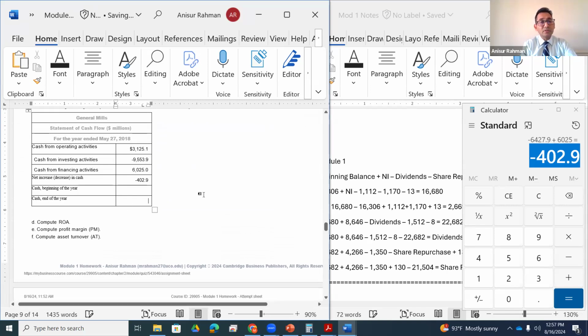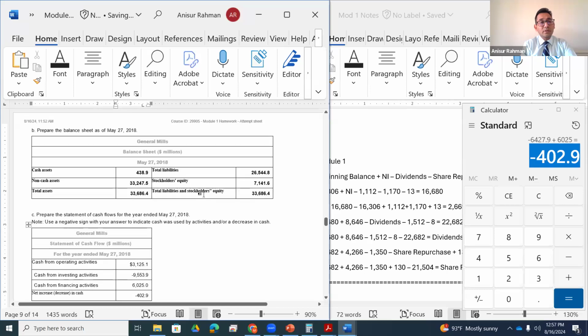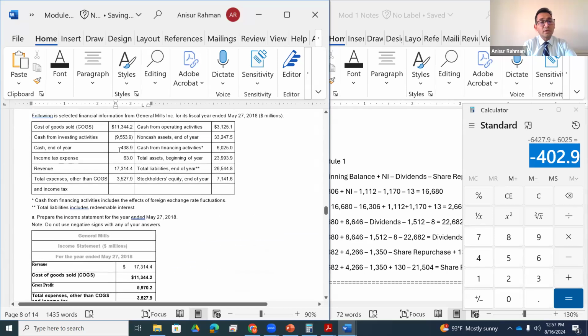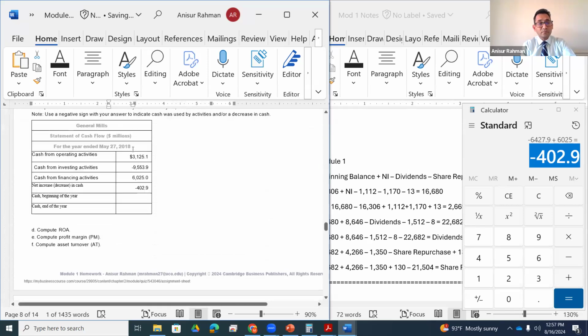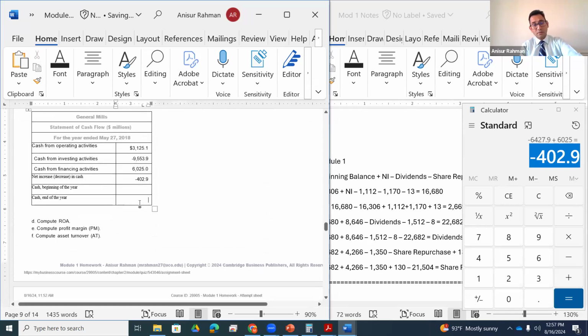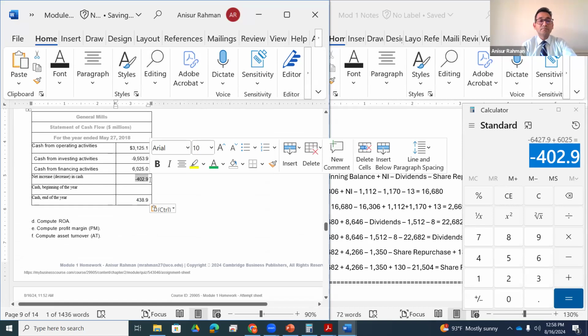The cash end of the year is 438.9. Now, although we had a decrease of cash during the year, we ended up with positive cash at the end of the year.